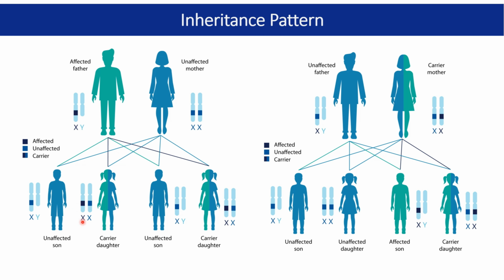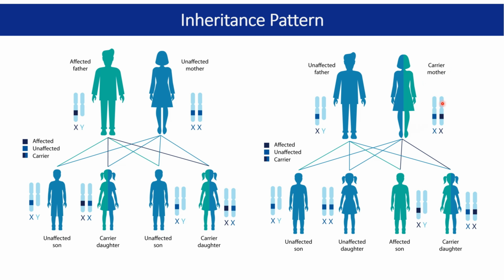You can see the black spot on these two chromosomes, meaning the two daughters born to this couple will be carriers. The sons get the X chromosome from the mother, which is healthy, so they are unaffected.